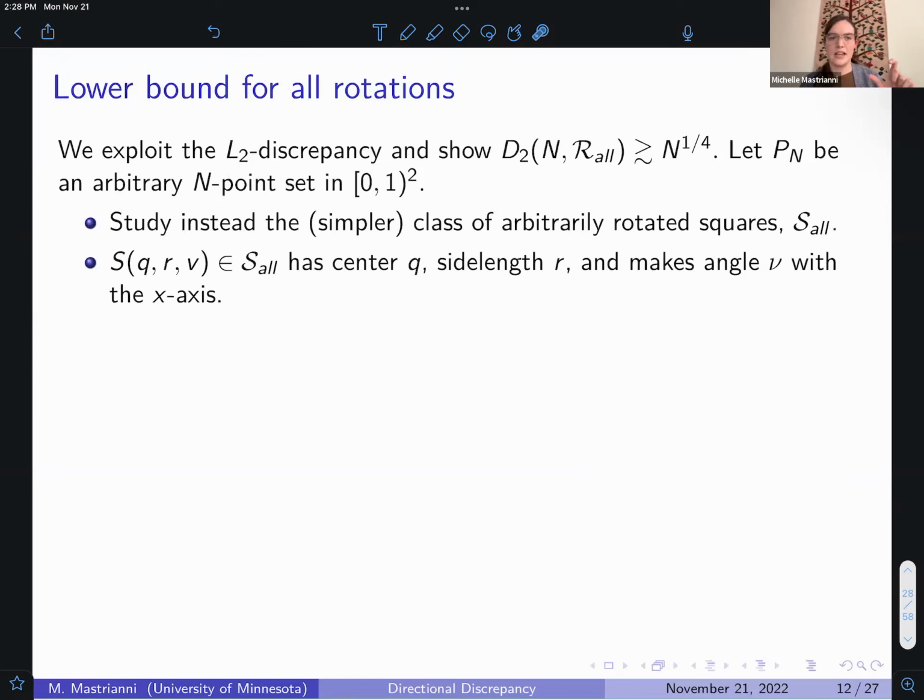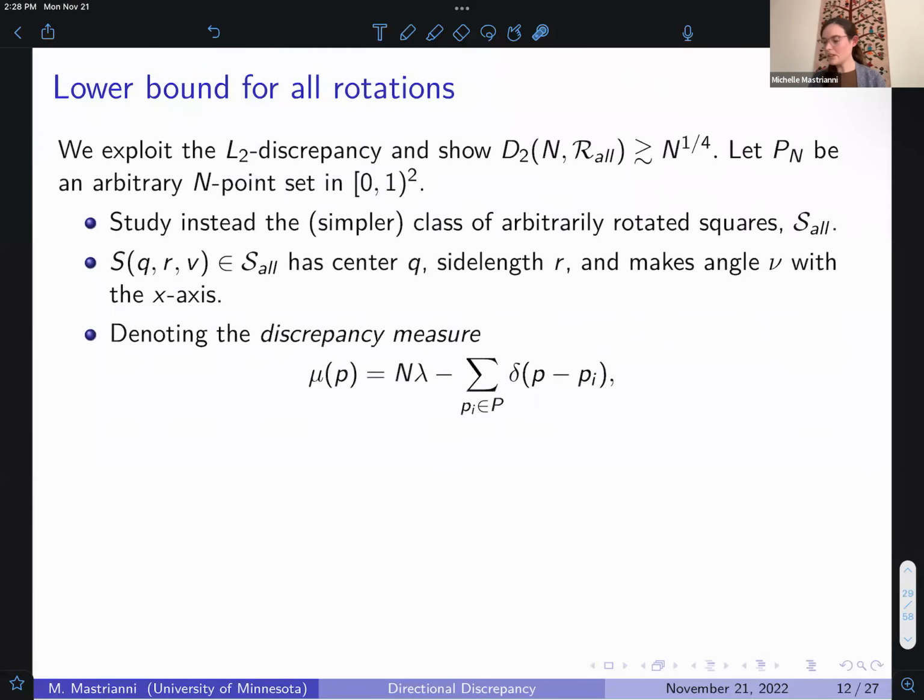So for a rotated square, we can define that by its center, its side length, and then the angle nu that it makes with the x-axis. And we can denote a measure keeping track of the discrepancy. So here lambda is just the standard Lebesgue measure. Then you have this sum of Diracs based on the underlying point set.